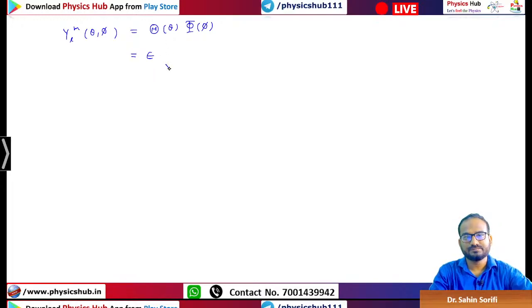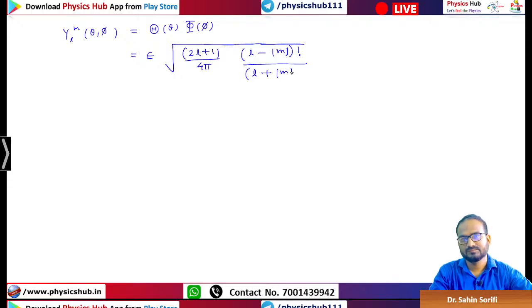Epsilon times square root of (2l plus 1) divided by 4 pi, times (l minus modulus of m) factorial divided by (l plus modulus of m) factorial, I think we have provided this formula before also, times e to the power i m phi.